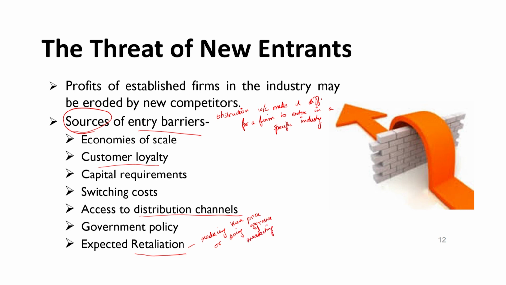So their entry will be useless. In any industry, if you expect that there will be intense retaliation from existing players, that also act as an entry barrier. So these are certain entry barriers which make it difficult for a new firm to enter.